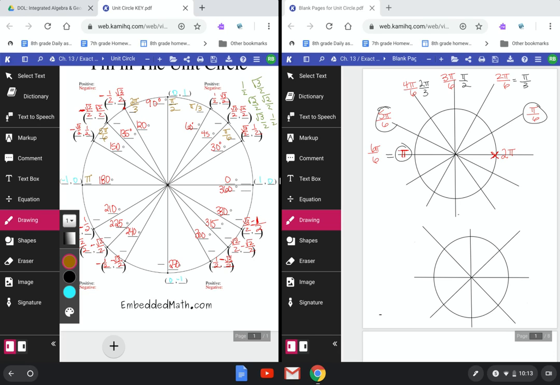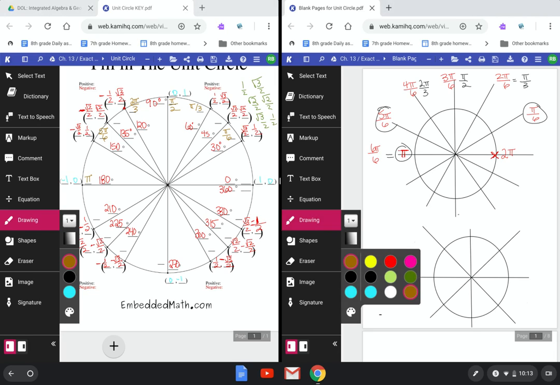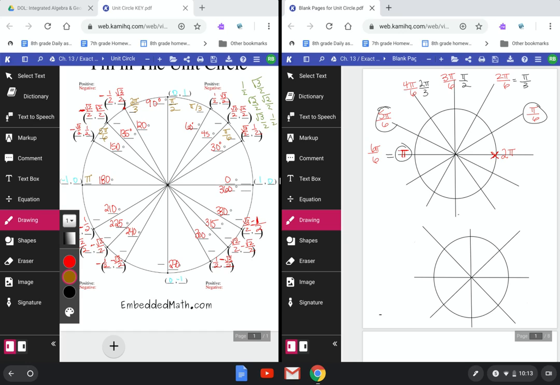Now, if we continue this, let's go back to the right side. We're going to continue it just by adding. So if we start with this was 6 pi over 6, let's do 7 pi over 6, 8 pi over 6, 9 pi over 6, 10 pi over 6, 11 pi over 6, and this would be 12 pi over 6.